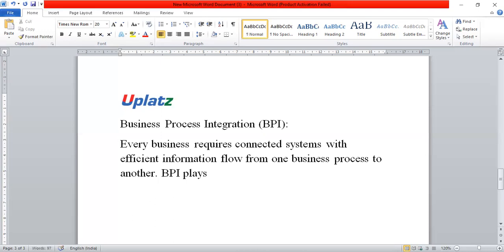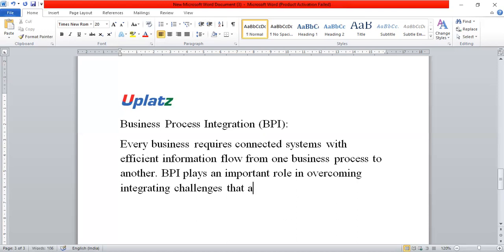It plays an important role in overcoming integrating challenges, and allows organizations to connect systems.